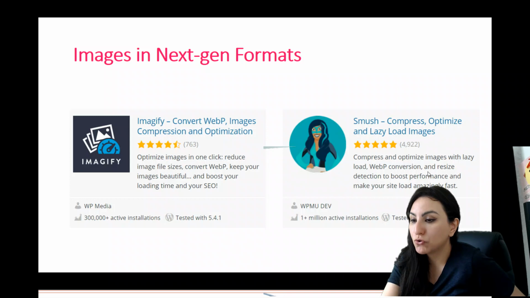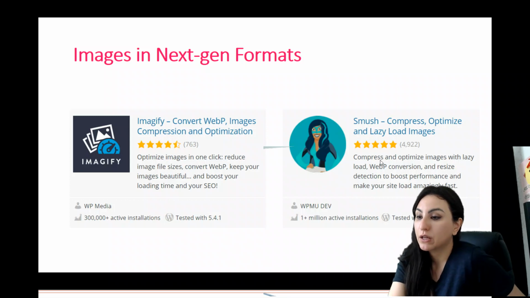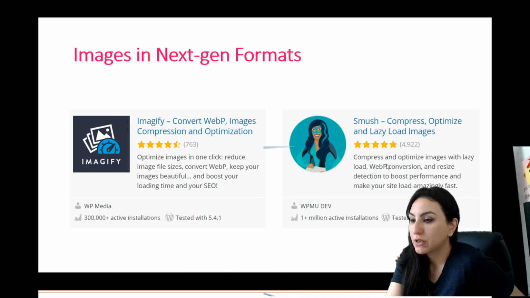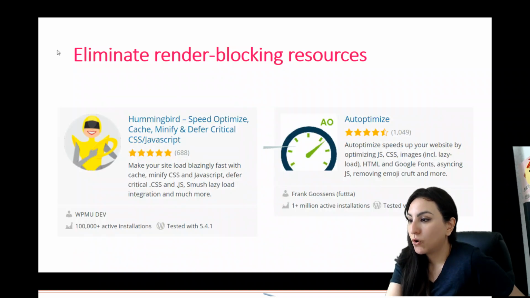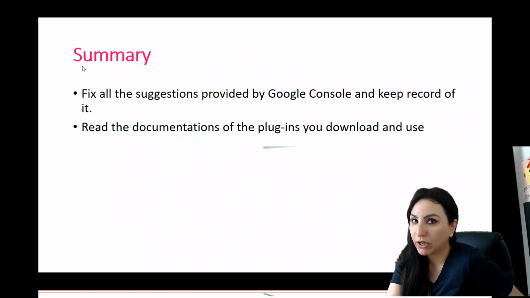It allows you to do so many things. It has very high reviews, as you can see, thousands and thousands of reviews, and it helps you with so many things. Okay, eliminate render blocking resources. You can use either one of these plugins. This is suggested because it has the highest reviews, the highest ratings.